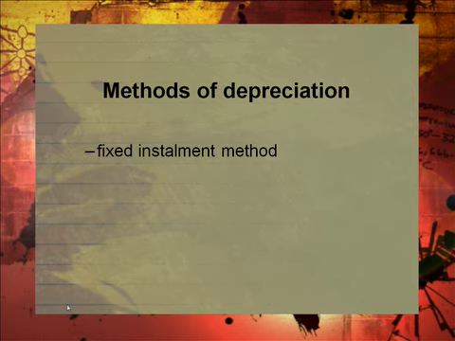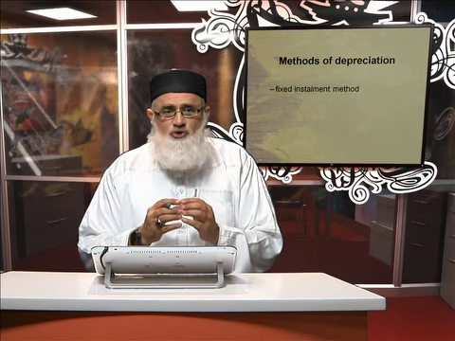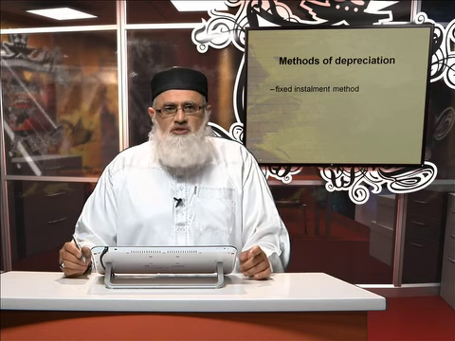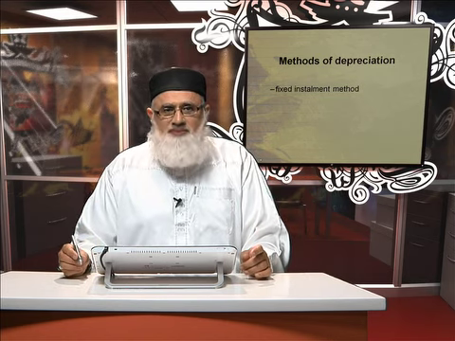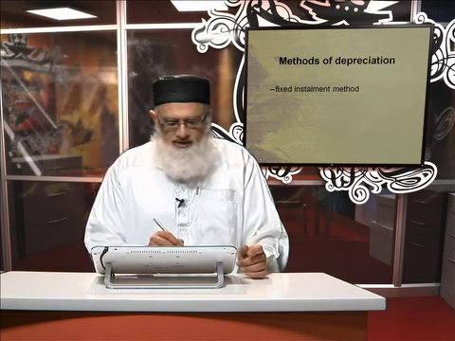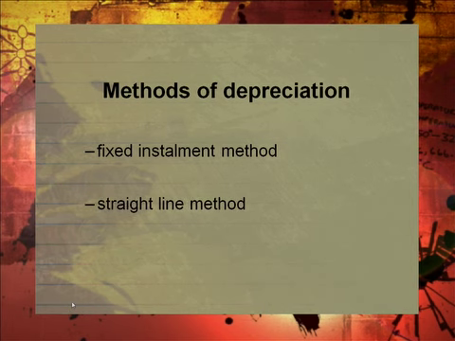Now remember, there are certain methods of depreciation, in other words, different ways in which you can calculate your depreciation. The first one that we will look at is called the fixed installment method. What do we mean by this? We mean that we will work on what is also known as the straight line method, and finally it is also called the cost price.